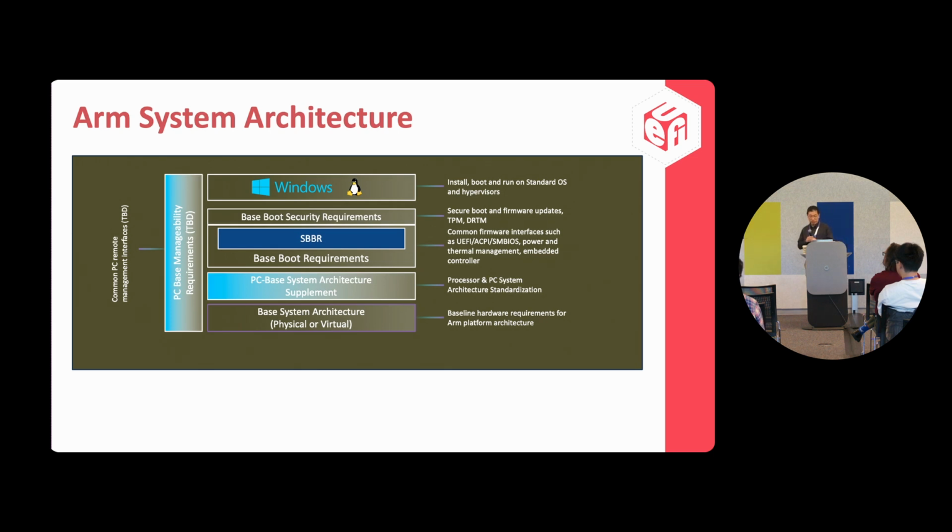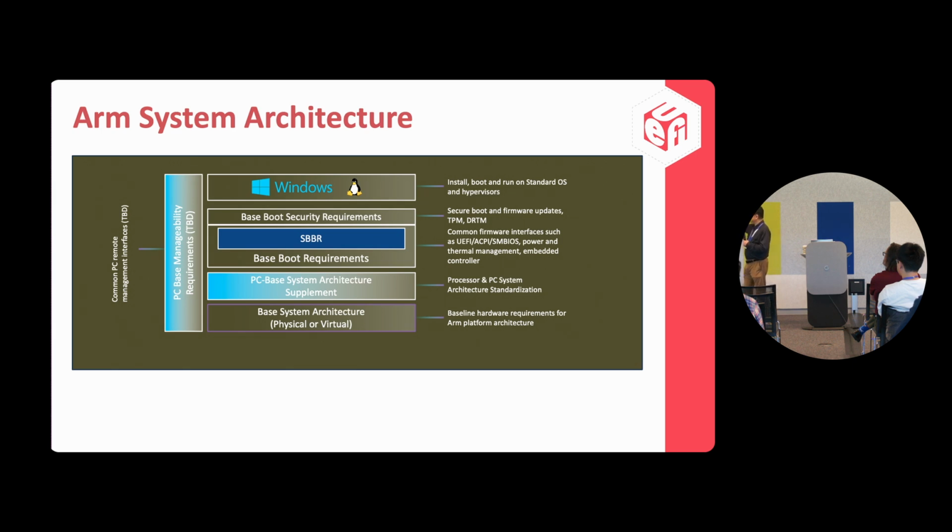Some of you may have heard that we also have been doing a PC side of the work. So we are just borrowing what we have done in the server space, right? This diagram looks almost exactly the same as the server piece.